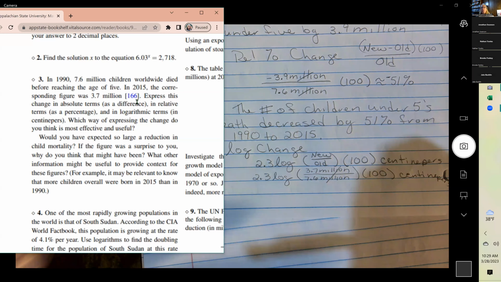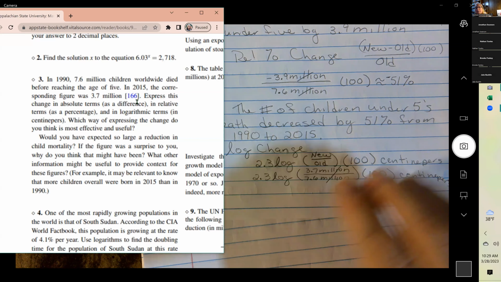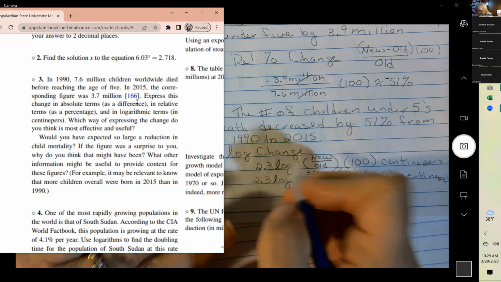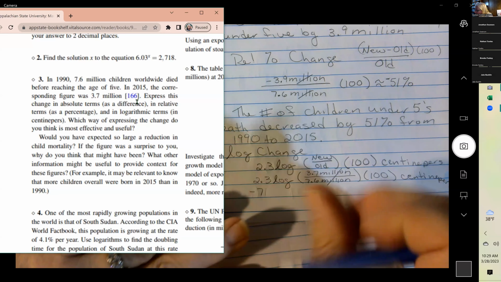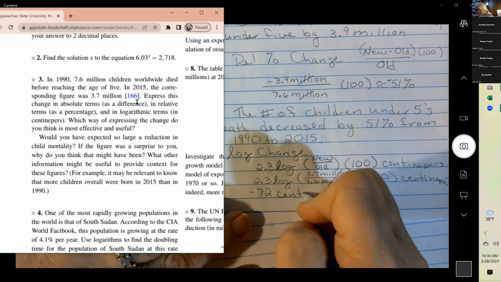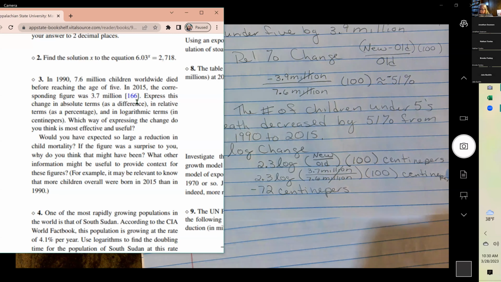Now, these are usually used with metric. This one, instead of percents, they use this. I just rounded to the whole unit.